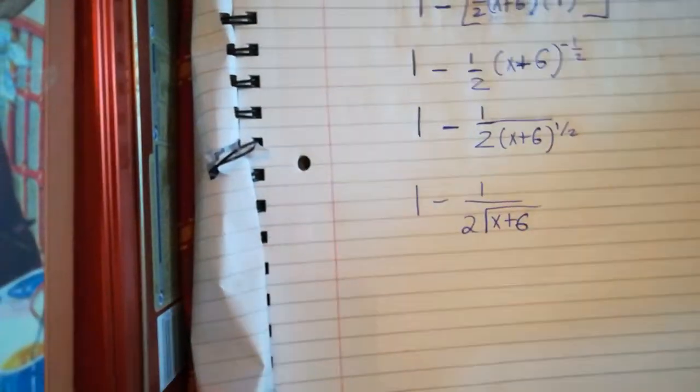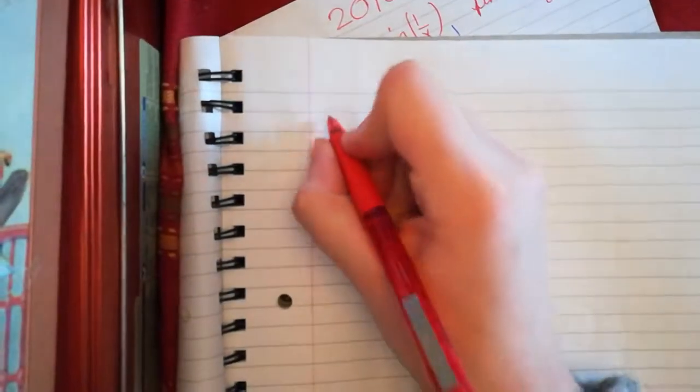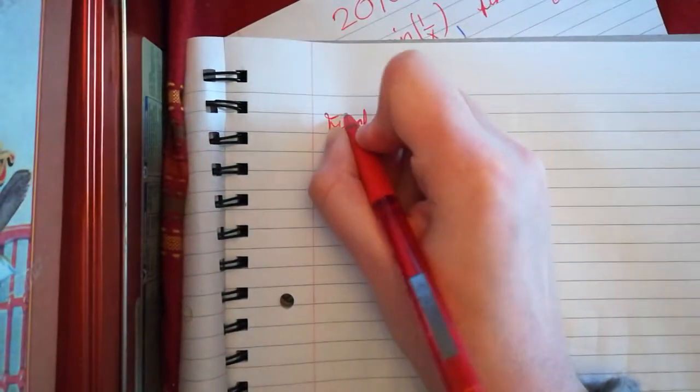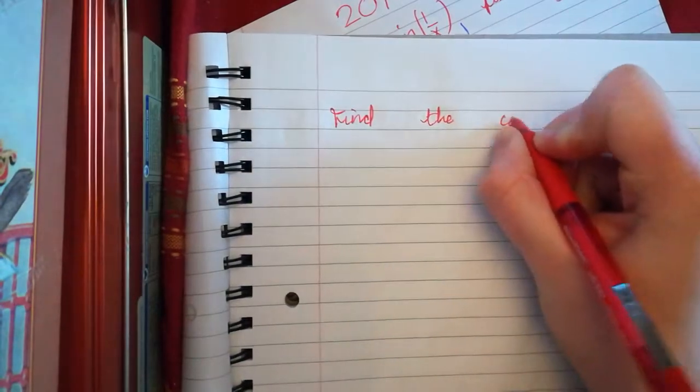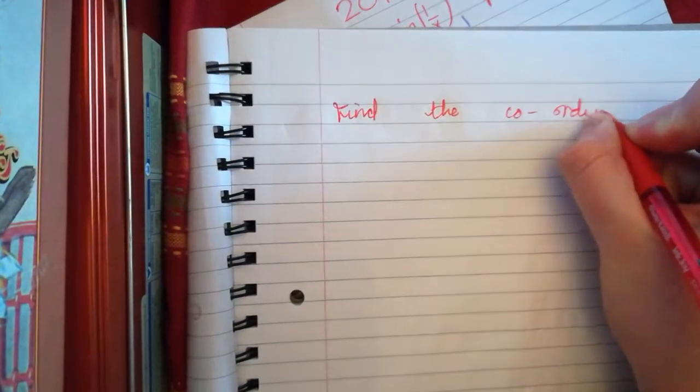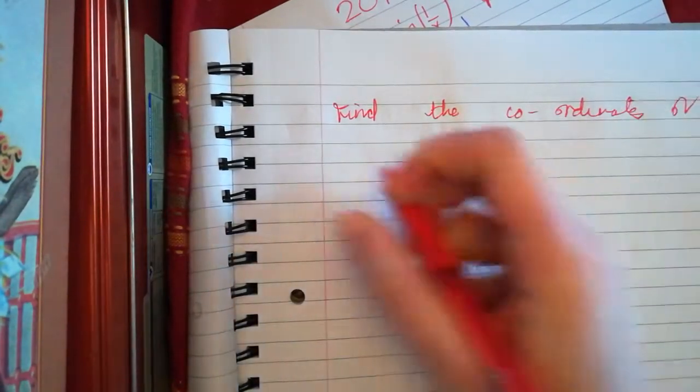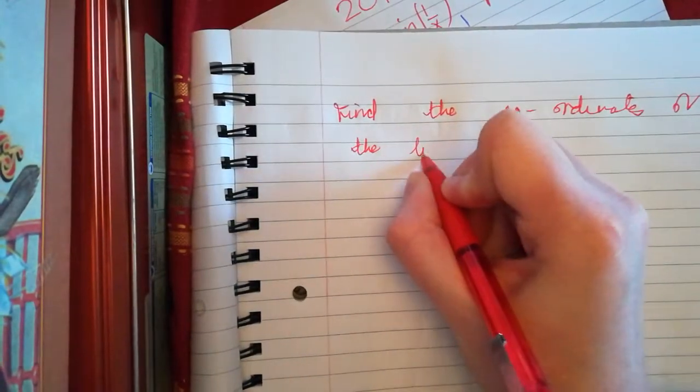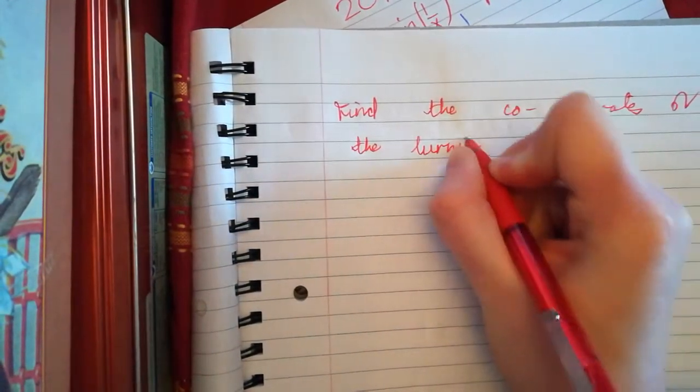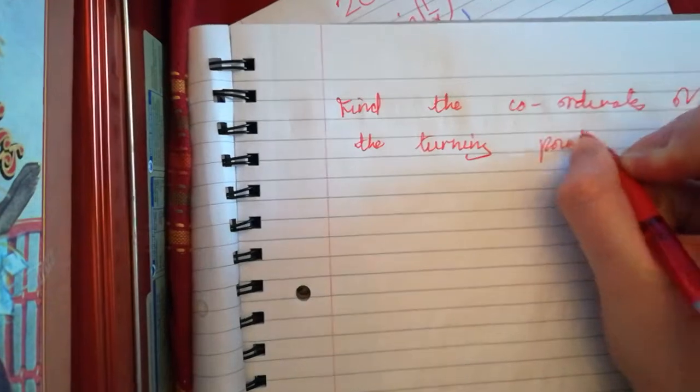And then the next part, I'm just going to go onto another page. We're asked to find the coordinates of the turning point of the function. So this is just part C, coordinates of the turning point of the function.